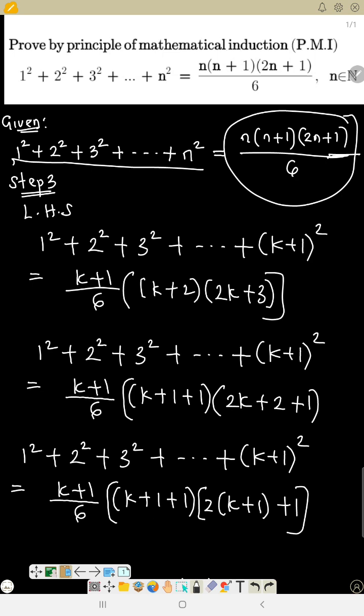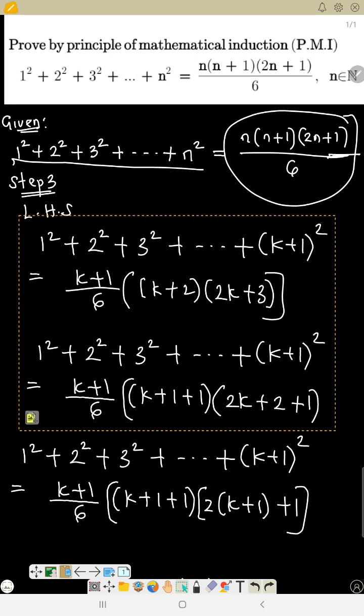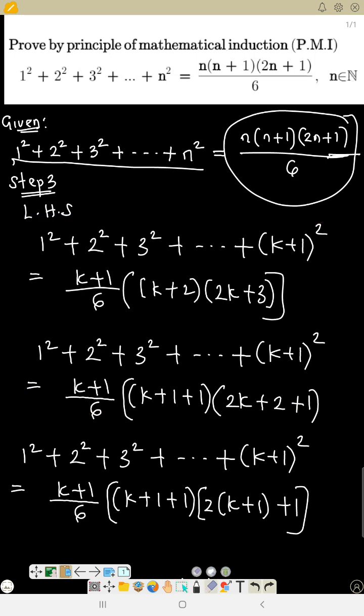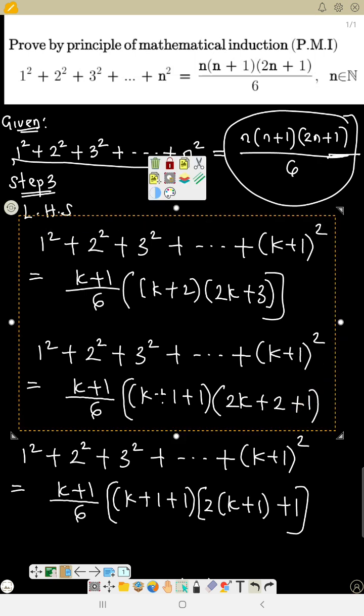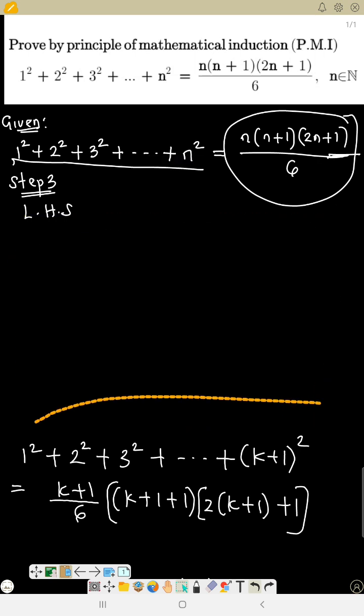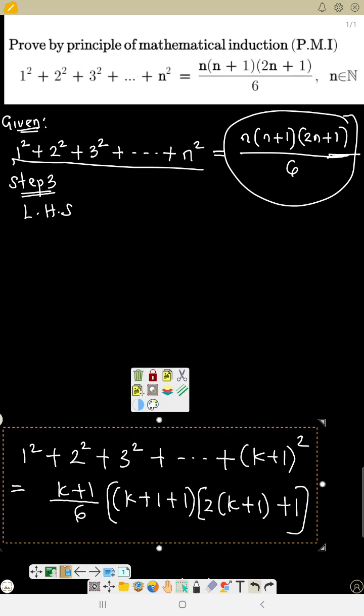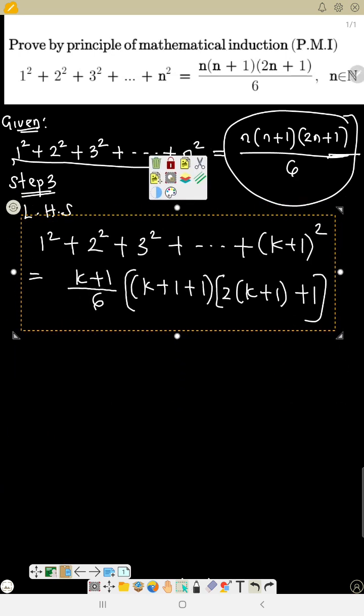If you look at everything now, I have it in terms of k plus 1. So now, according to step 3, we are proving the induction for n equals k plus 1.